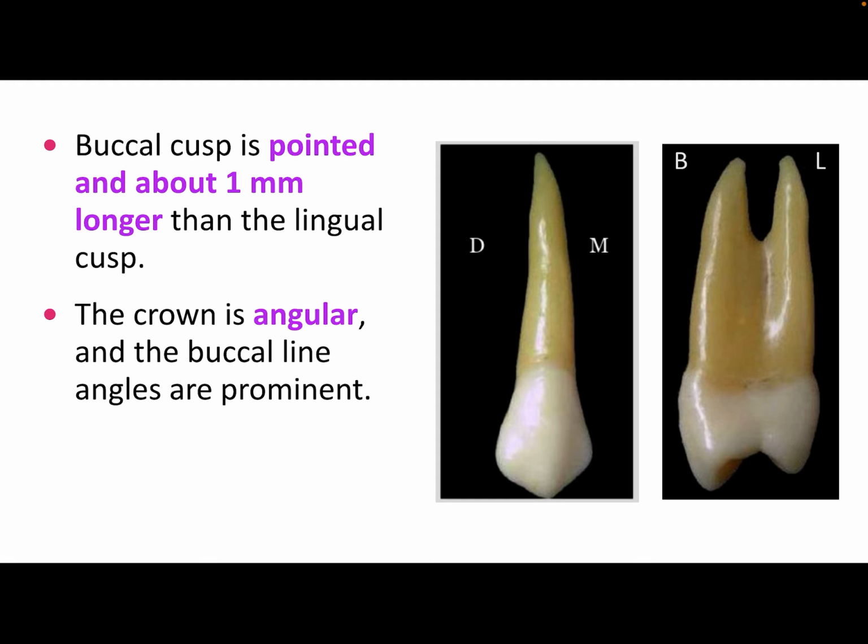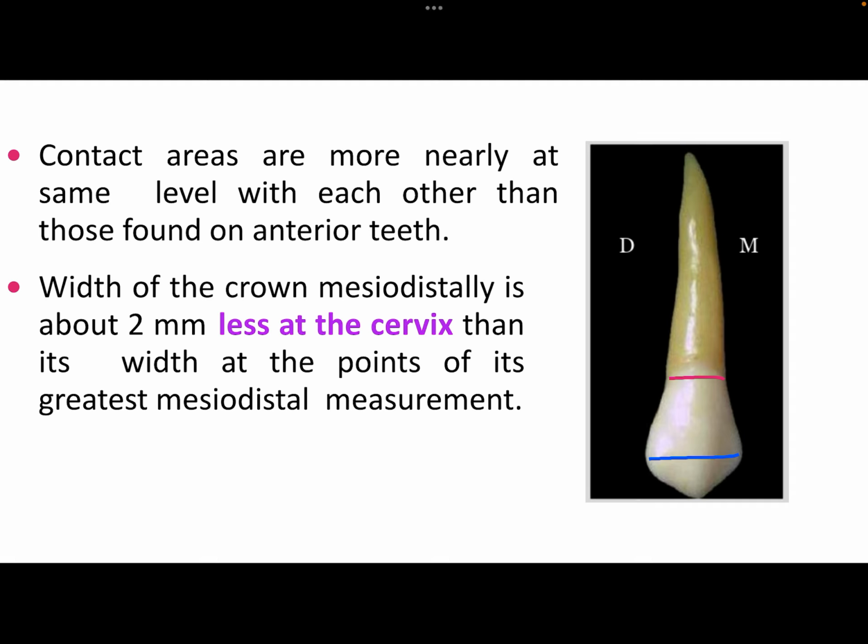The buccal cusp is pointed and about 1 mm longer than the lingual cusp, and the crown is more angular and the buccal line angles are more prominent. Contact areas are more nearly at the same levels with each other than those found in the anterior teeth, where there are different levels.